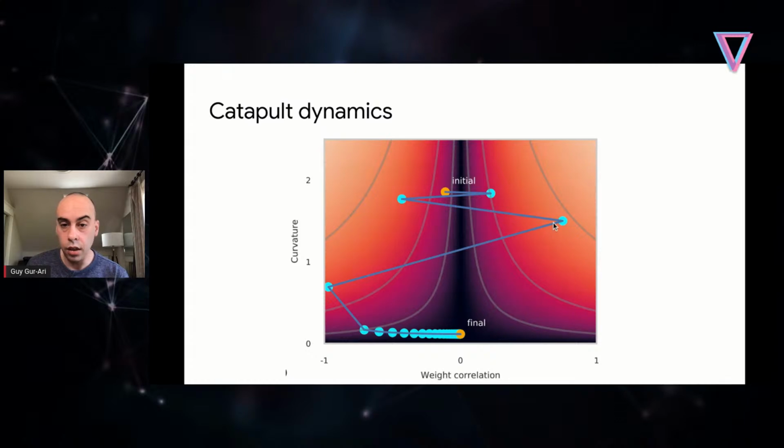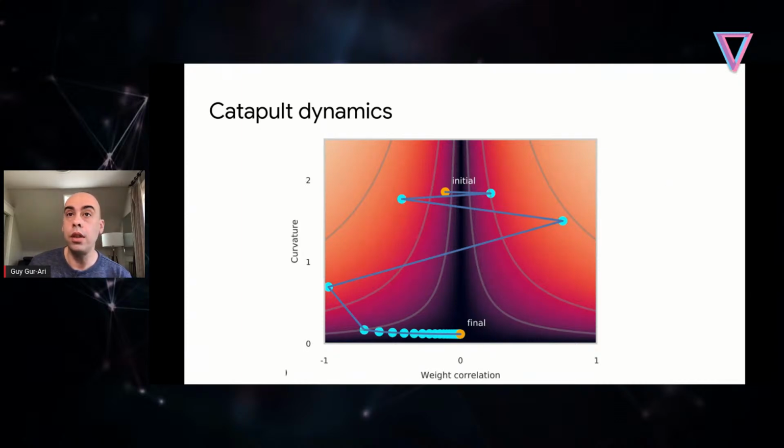The loss is increasing because the function is blowing up, but the curvature is going down. We're going down the y-axis. These things are happening simultaneously. And once the curvature is small enough, we have convergence and we end up at a nice minimum. We also notice that we end up in a minimum with a lower curvature than the initial one. So this is an illustration of these dynamics.